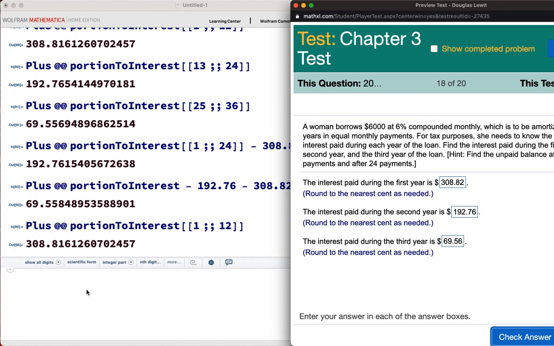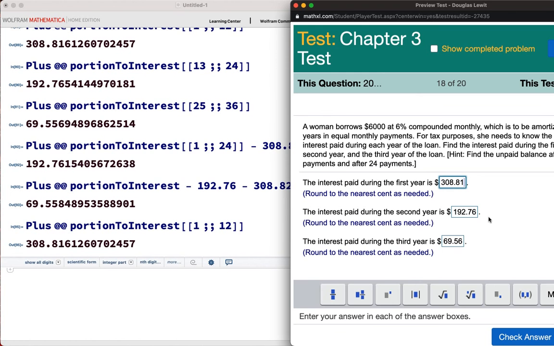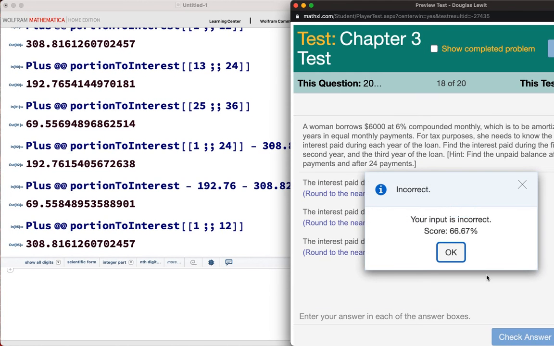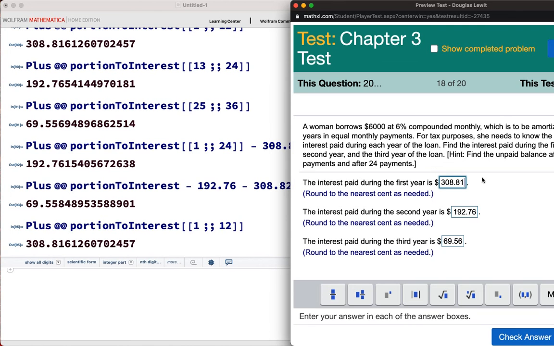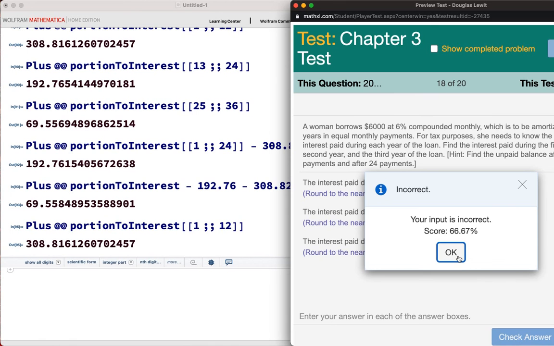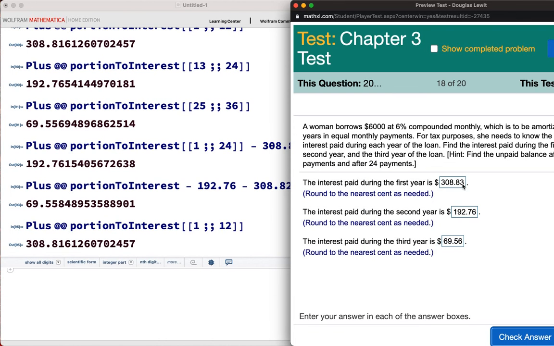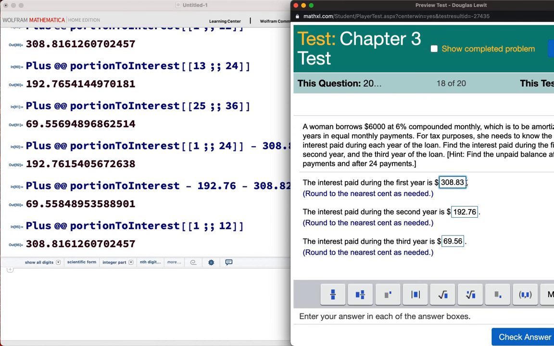Let me try 1 penny. Let me try 3 cents. Yeah, that's very strange that it's giving me a hard time over just that one. It doesn't seem to like this answer.